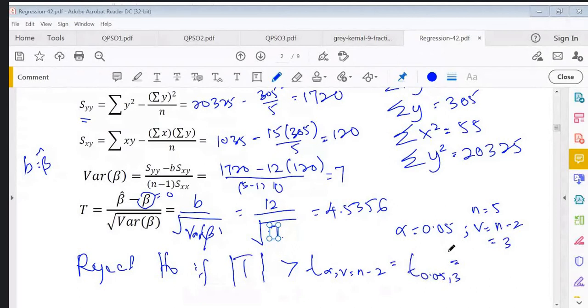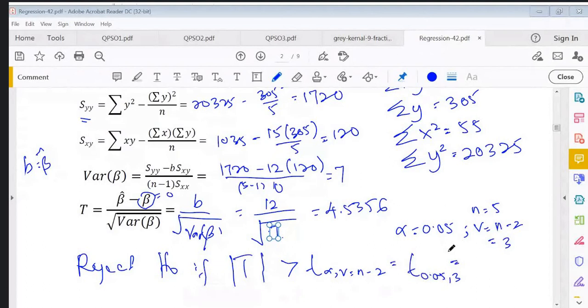Okay, 2.3. Accept or reject? We calculated T as 4.5 and T from the table is 2.3. Reject. So there is a positive relationship between temperature and pressure.